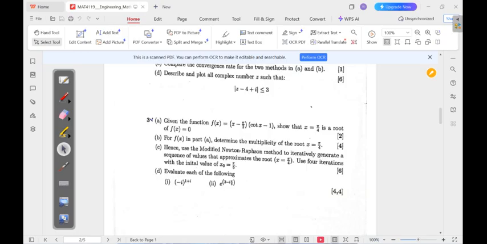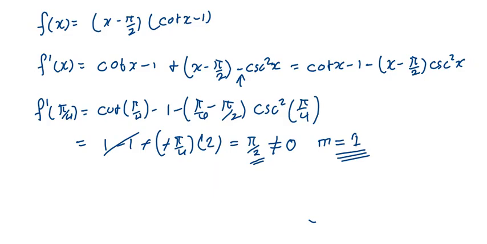Okay, so how are we going to approach this? One thing that I believe we are all familiar with is the formula that we use for the modified Newton-Raphson method.